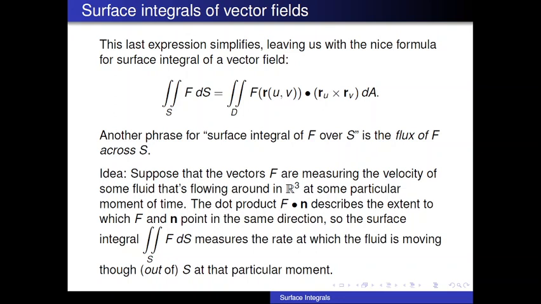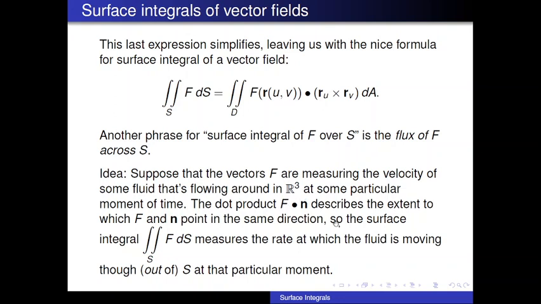Then the dot product, F dot n, remember, describes the extent to which the two vectors in question point in the same direction. So it says, to what extent is this fluid that's flowing around moving in the same direction as this unit outward normal direction to the surface?